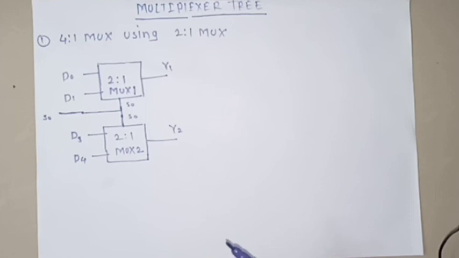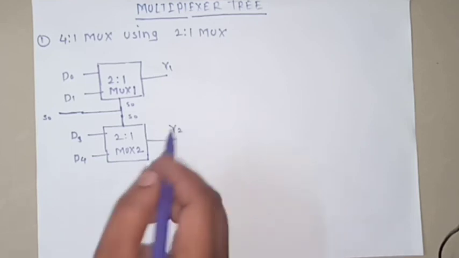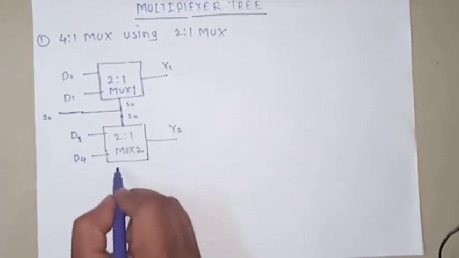For that purpose we will use the enable signal of the multiplexer. The multiplexer has one enable signal, which I indicate here as E0 for this first mux, or generally E. What is the use of the enable signal?